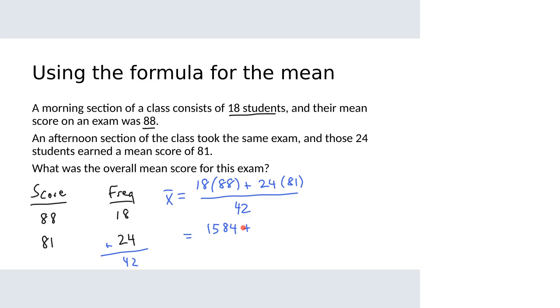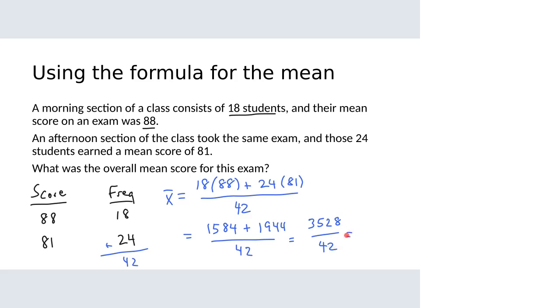24 times 81 is 1,944. That's all the points earned in the afternoon class. And we'll add those together and have 3,528 divided by 42. Dividing those will give us the overall mean of 84.